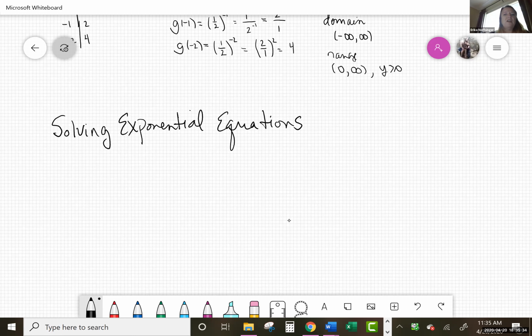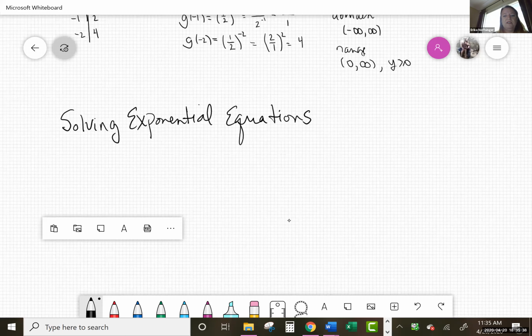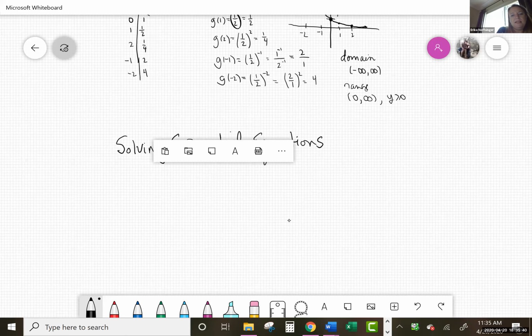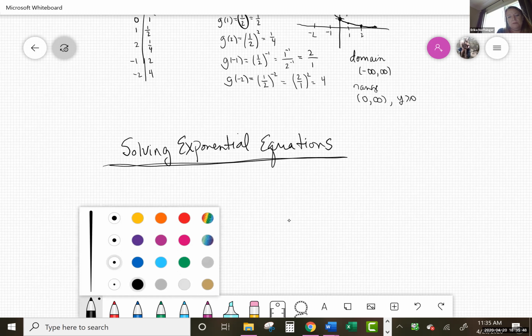Okay, so when we're solving exponential equations, there's 2 different types. Ones where we can manipulate the bases to be the same, and some that we can't manipulate bases to be the same. Right now, we're just going to look at the type where we can manipulate bases to be the same.